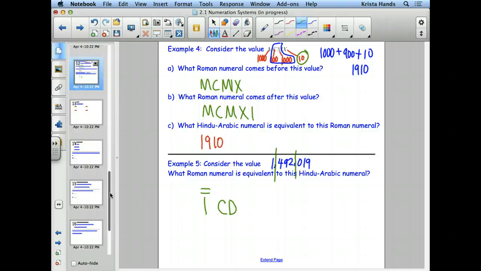So far, so good? Okay, 92. I've got the 90. Now, how do I write the number 90? XC, very good. Again, it's a subtractive feature, right? I've got a 9, and I would not write 90 with the 50 plus 4 tens, because that would mean 4 digits that matched. So I'm going to use 90 as the number 100, that's the C, minus the number 10, which is X, and so it comes in front.